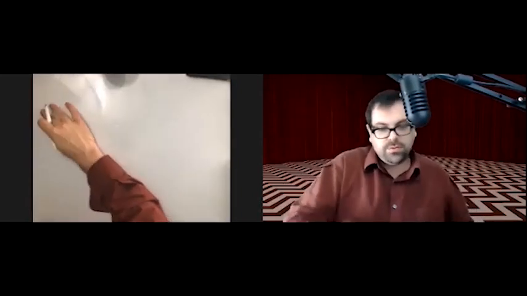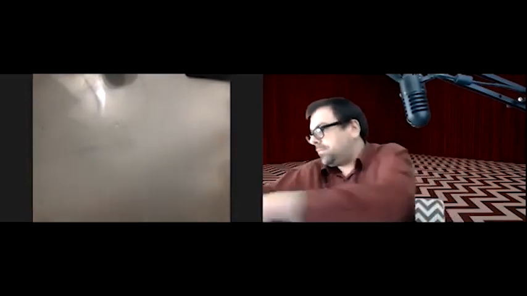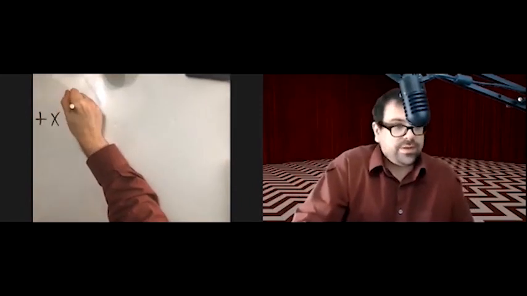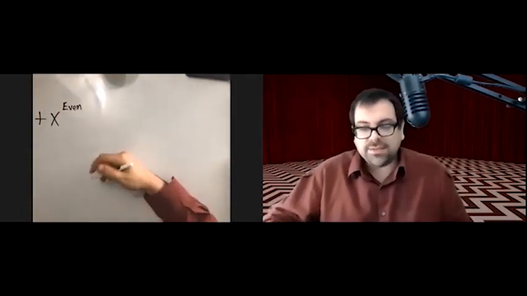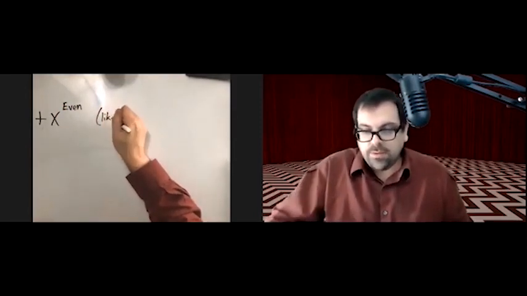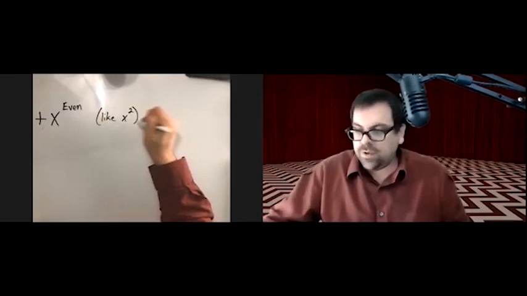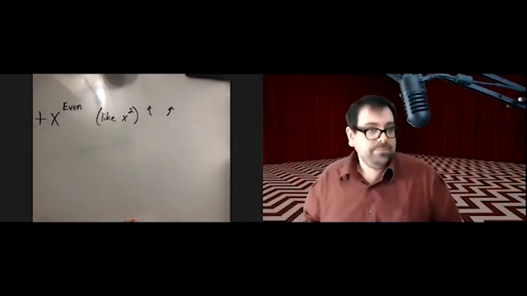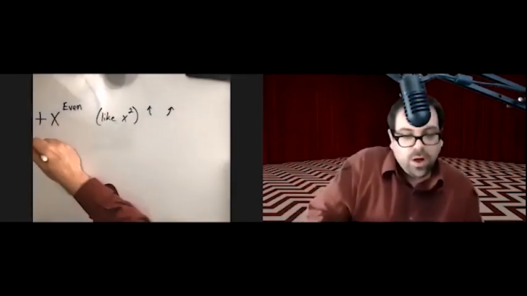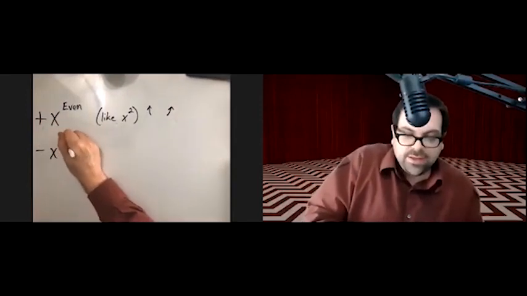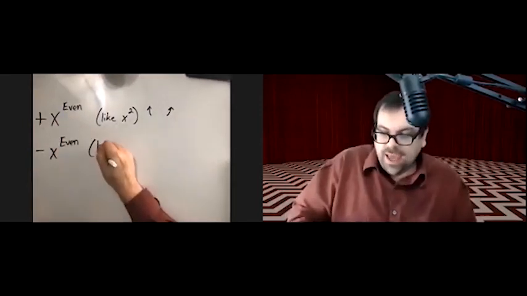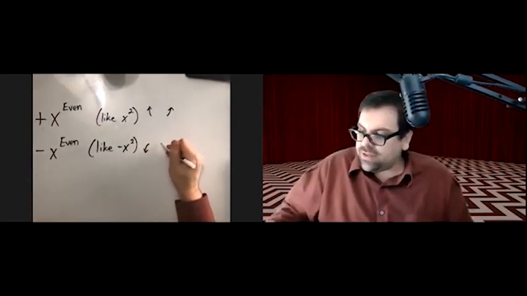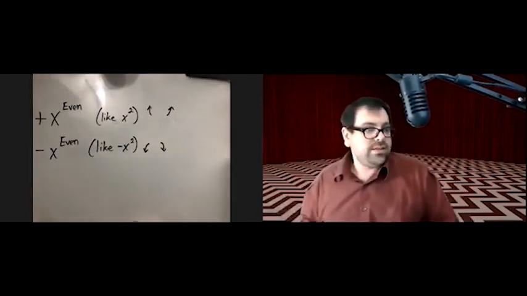So all positive x to even powers act like positive x squared, rises to the left, rises to the right. All negative x to even powers act like negative x squared and fall to the left and fall to the right.